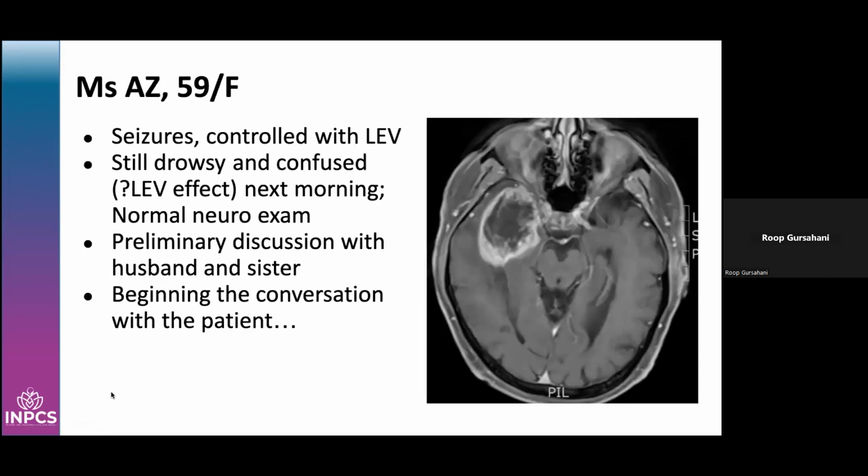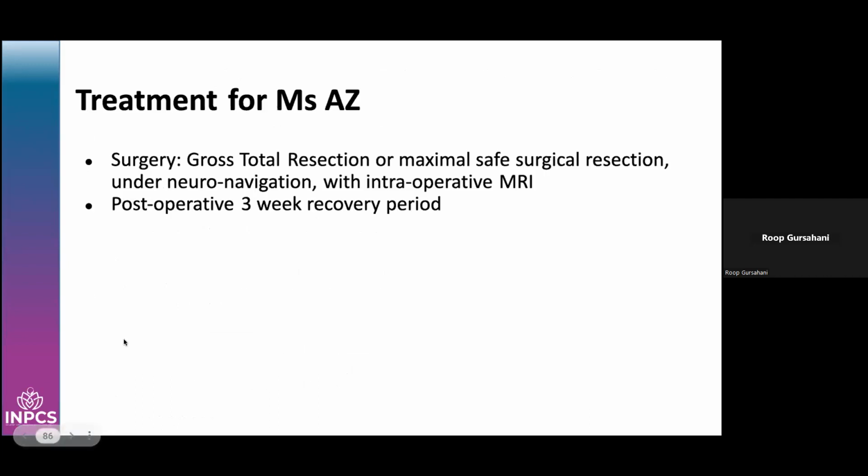So I spoke to them. I understood what they were at. It was a fairly intense discussion, but I was able to convince them that this was not a patient where they could push the diagnosis under the carpet and go on with any kind of treatment.